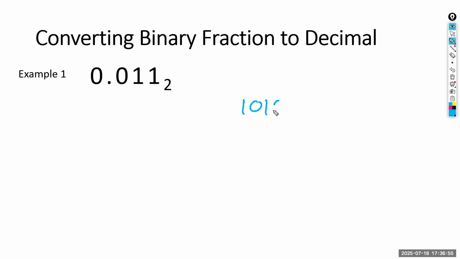Say you have something like this. This is 2 to the power 0, 2 to the power 1, 2 to the power 2, 2 to the power 3, 2 to the power 4, 2 to the power 5. And then this is 2 to the power minus 1 or half or 0.5. Remember, this is 1, 2, 4, 8, 16.